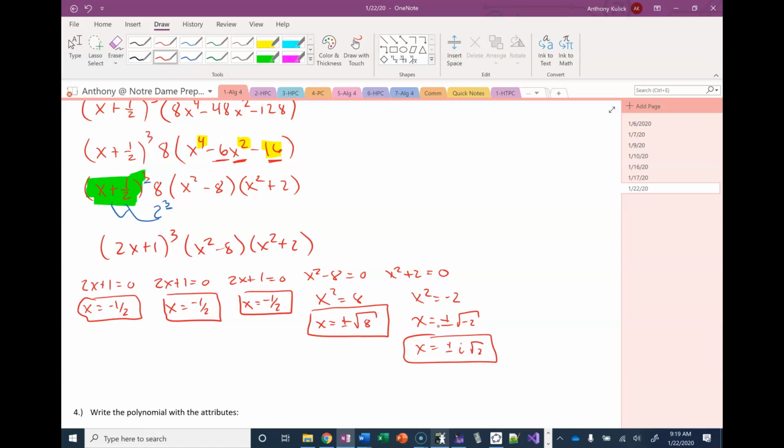I subtracted 1 and then divided by 2, to just solve for x. Is that okay? Okay.